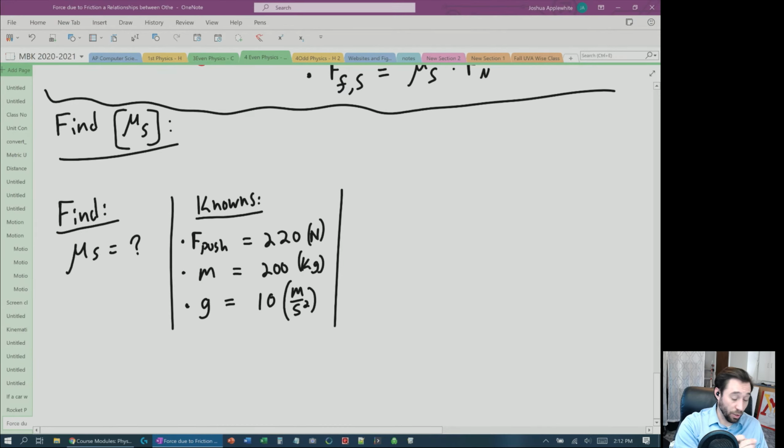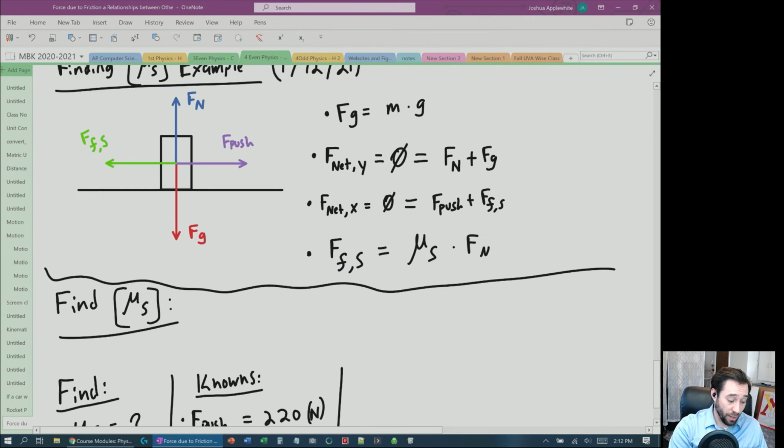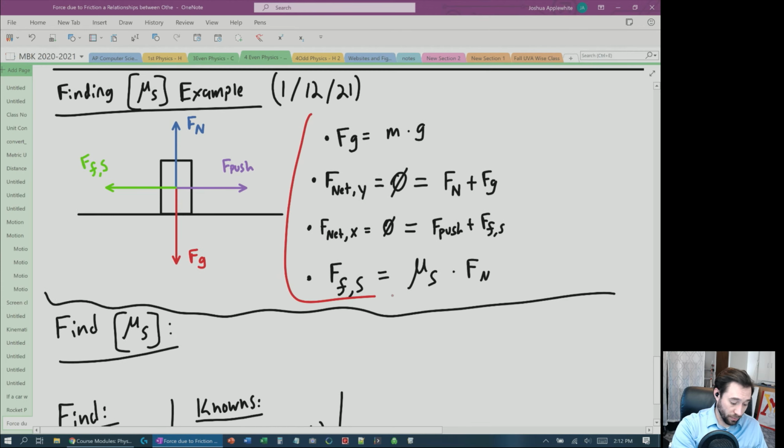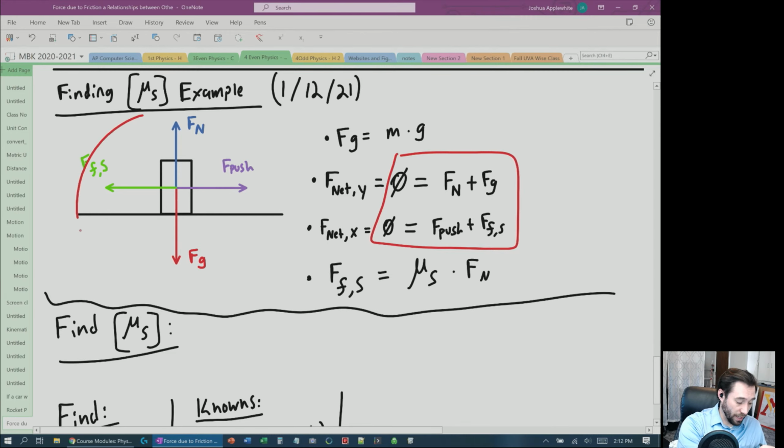That is the coefficient of static friction. If I look at these equations that I wrote down a second ago, this equation you should have in your notes, and this equation you should have in your notes. These are very basic equations. But these two I got from the diagram, and they're very simple.